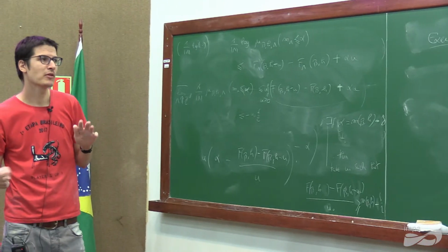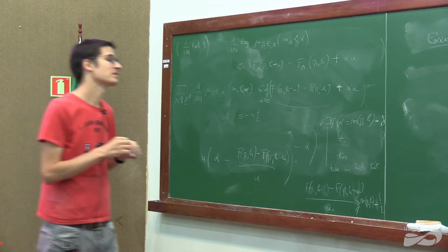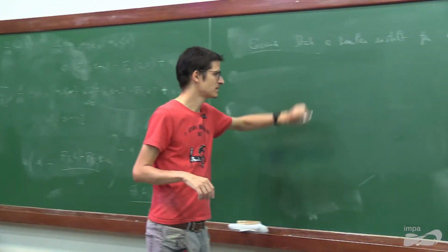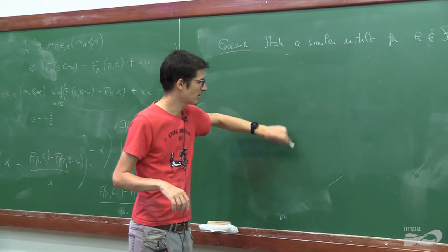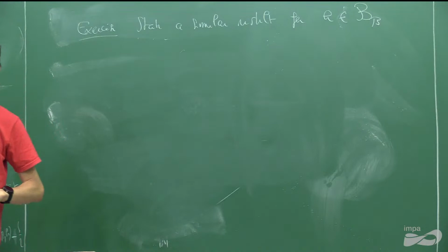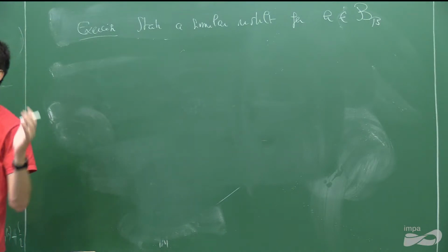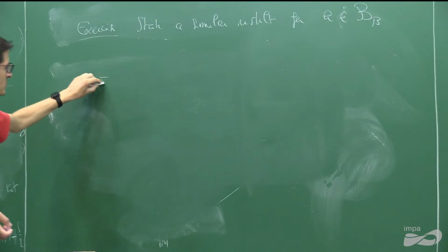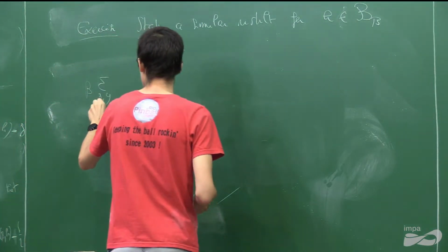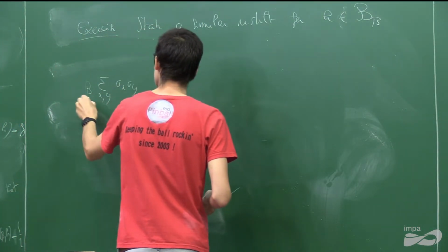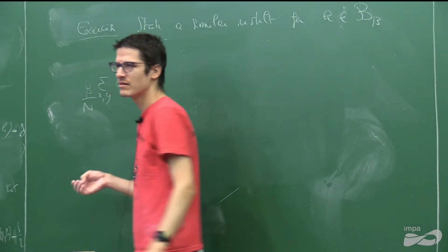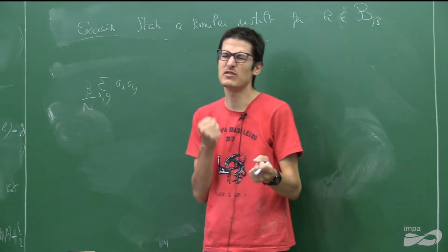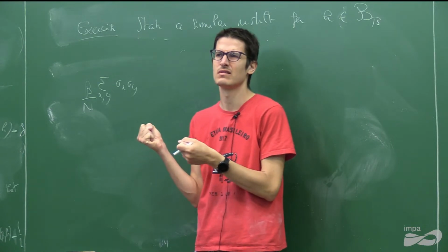so the Curie-Weiss model, it's the Ising model, but instead of considering a lattice, you consider the complete graph. So just a graph with n vertices where you have all edges. And then you consider, instead of beta times the sum over xy, sigma x, sigma y, you just renormalize this by n, because each vertex has n neighbors.